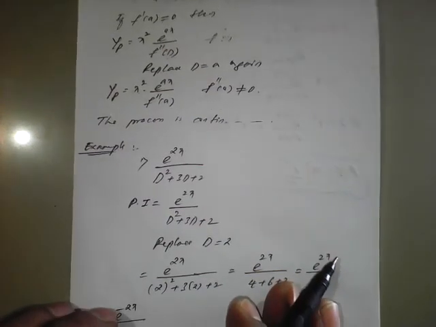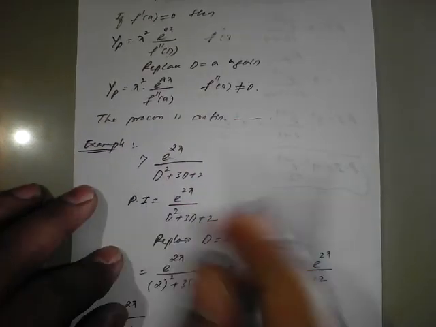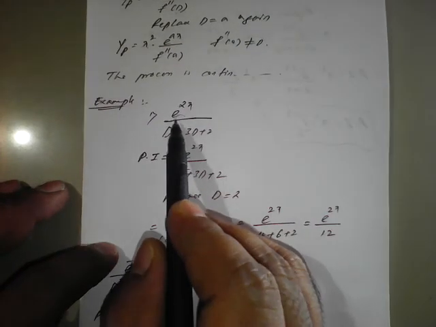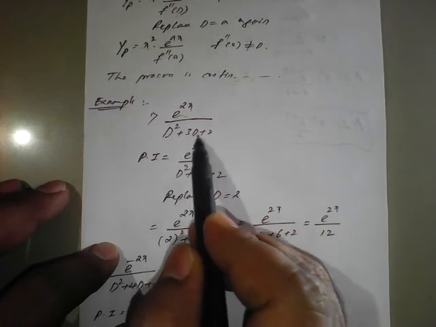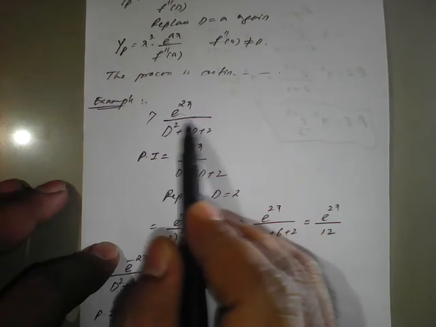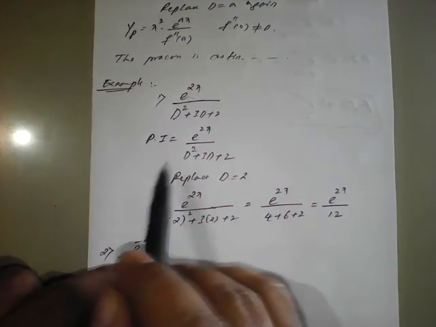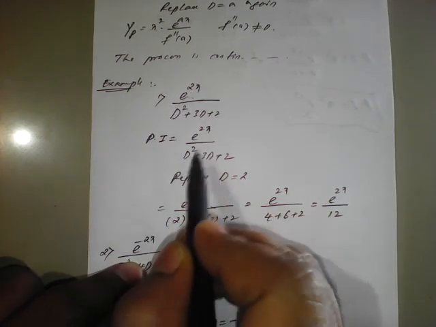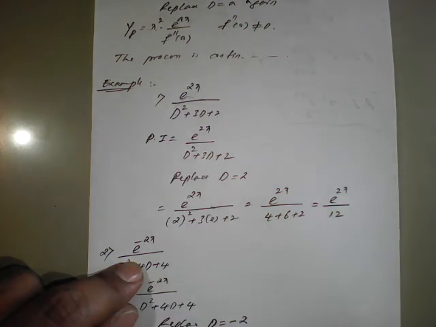This is one of the examples. I have taken e raised to 2x upon D square plus 3D plus 2. Just a general example, to see how to find the results. So the given thing, I'll write PI is equal to e raised to 2x upon D square plus 3D plus 2.